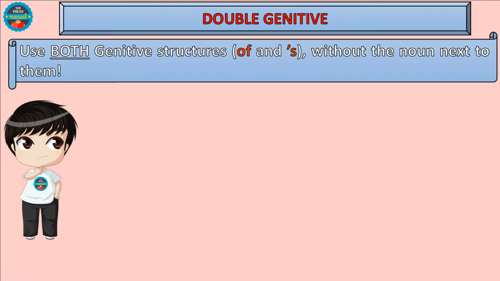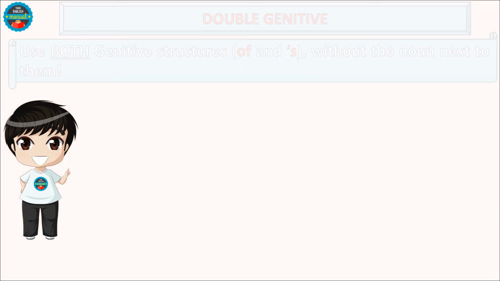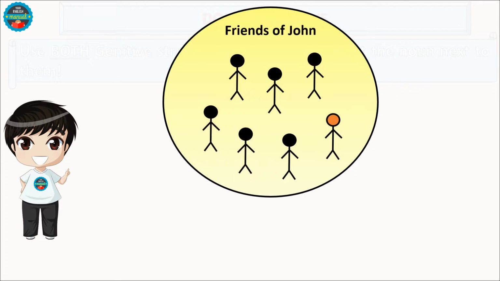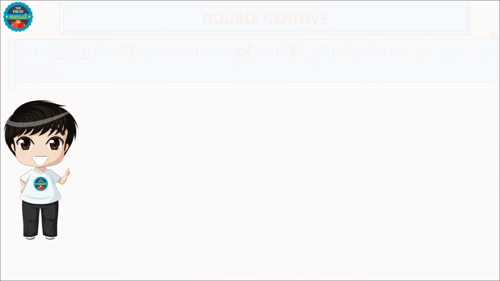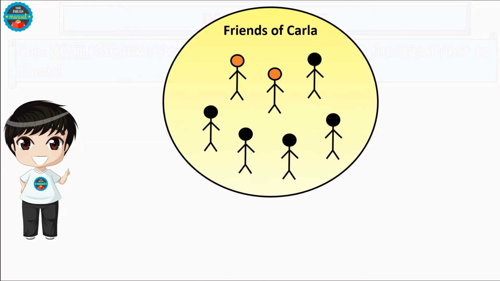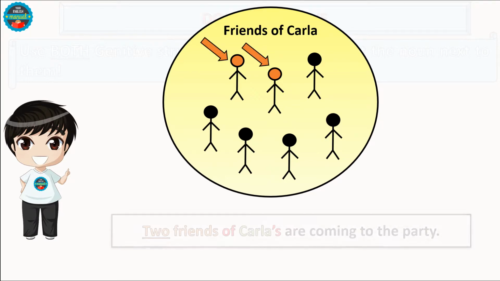And that idea makes sense because the double genitive allows us to make some structures. We can specify the friend, for example, by saying, this friend of John's is funny. We can't say, this John's friend is funny. This sentence is wrong. With this structure, we can also specify the amount, for example, by saying, two friends of Carla's are coming to the party.